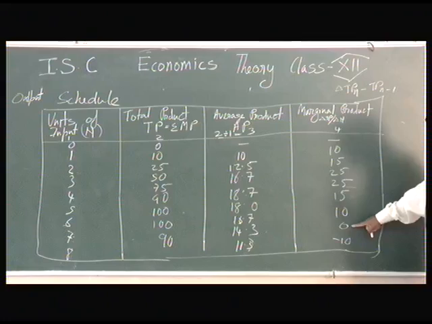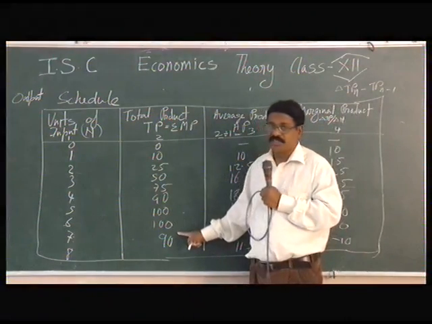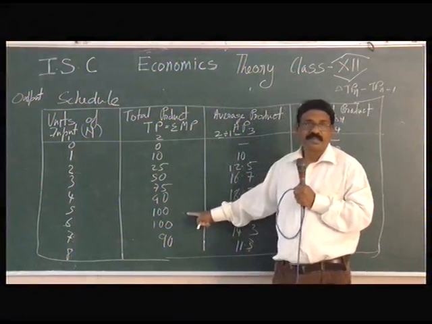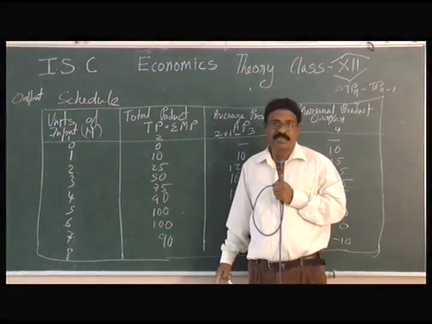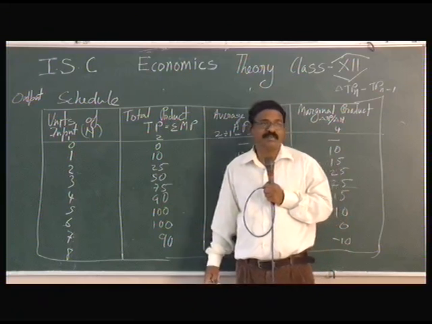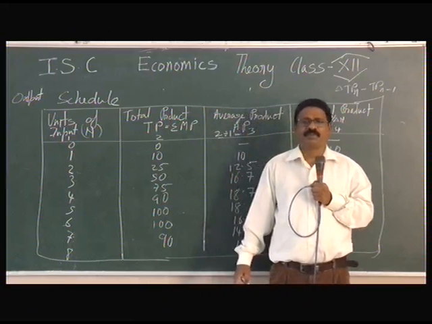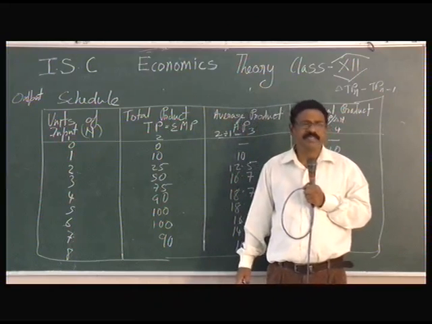When we see the seventh labor, it is important: output has not increased. There are 5 machines and now 7 people working on them. The extra labor, instead of becoming productive, is unproductive. Maybe wasting his time.